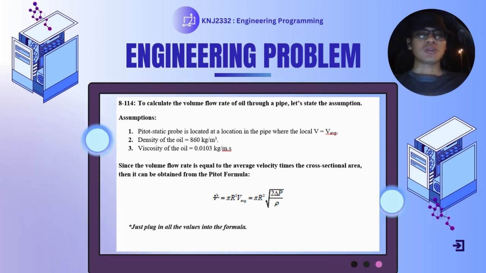Thirdly, the viscosity of the oil is 0.0103 kg per meter second. Since the volume flow rate is equal to the average velocity times the cross-sectional area, it can be obtained from the pitot formula as stated below.